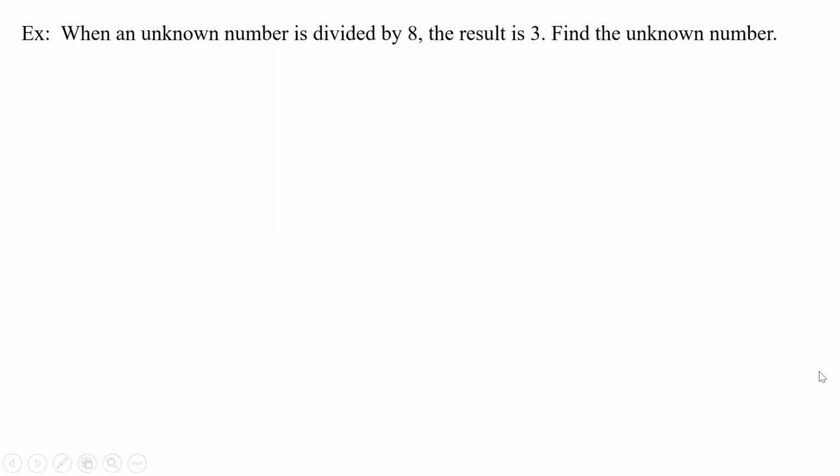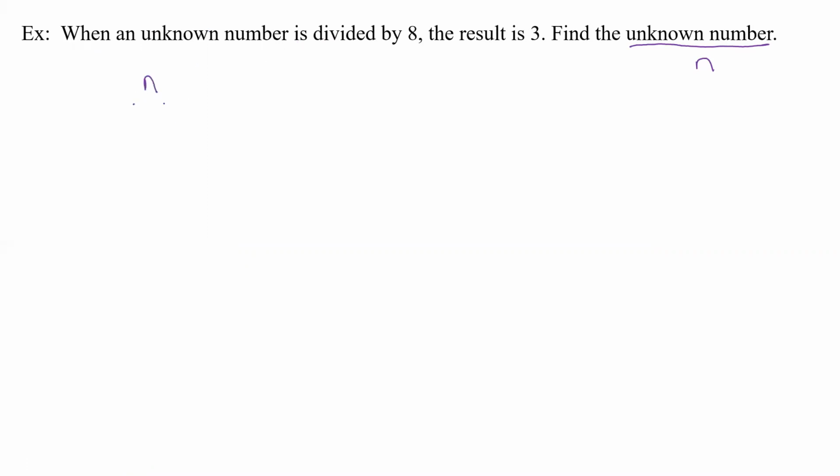All right, some more application or word problems here. So it says when an unknown number is divided by 8, the result is 3. Find the unknown number. All right, so we're looking for an unknown number again. So let's call it n just because. Okay, so we're dividing that unknown number by 8.